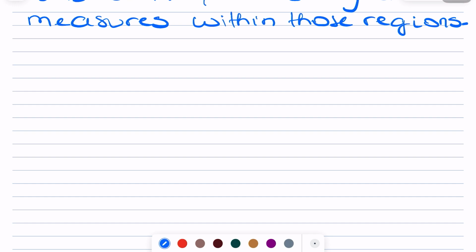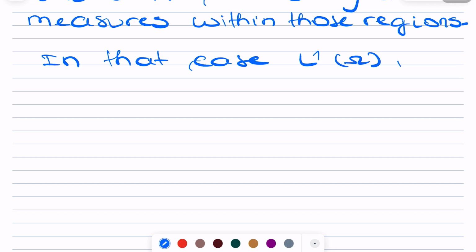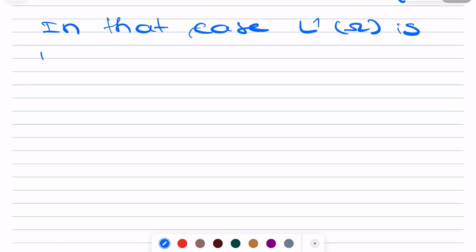So in that case, L1 of omega is isomorphic, because you now have L1 with a counting measure, to small l1.